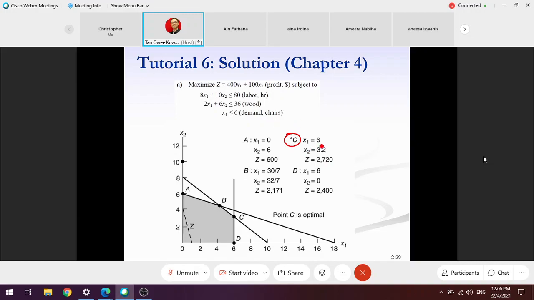So now we stick to the optimum solution 6, 3.2. Ini adalah solution yang dapat daripada chapter 4. So what we're going to do is replace with this optimum solution. Sebab apa? Because the question asks, is there any unused resources? So when the soalan is addressing resources, the next thing we need to refer to is the constraint.